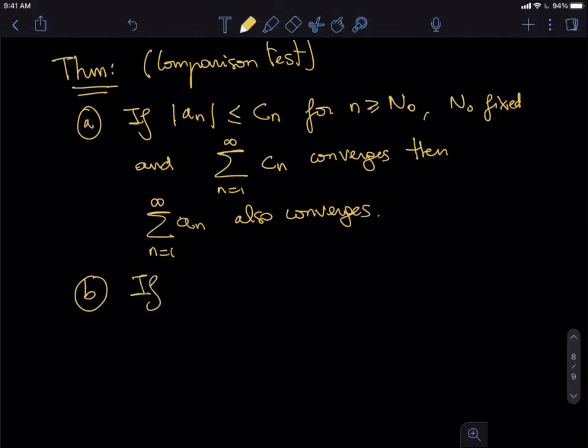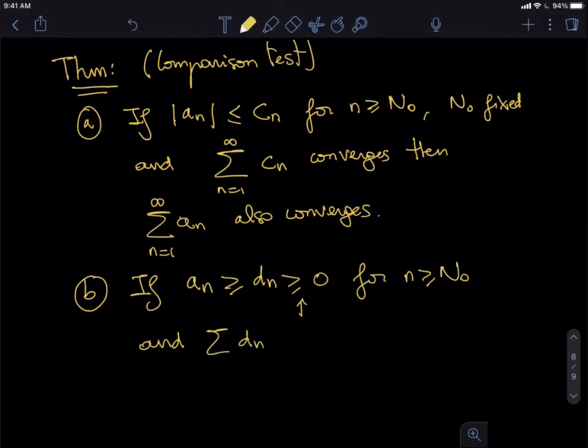And then the second part applies only to non-negative sequences. If we have an bigger or equal than dn bigger or equal than 0, this means non-negative, for n bigger or equal n0, and the sum of the dn diverges, what happens then?